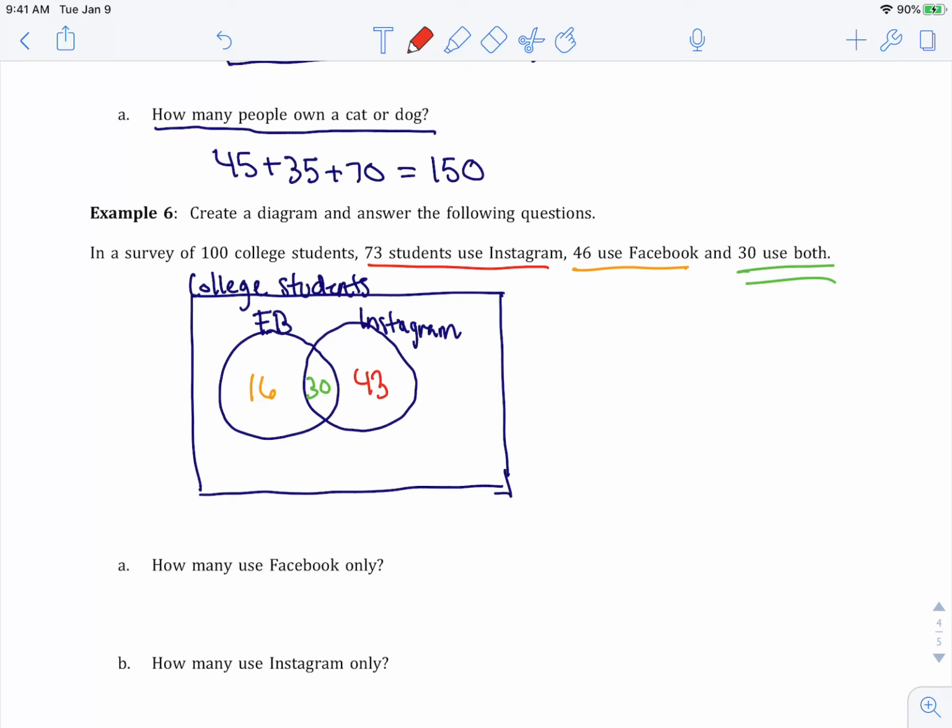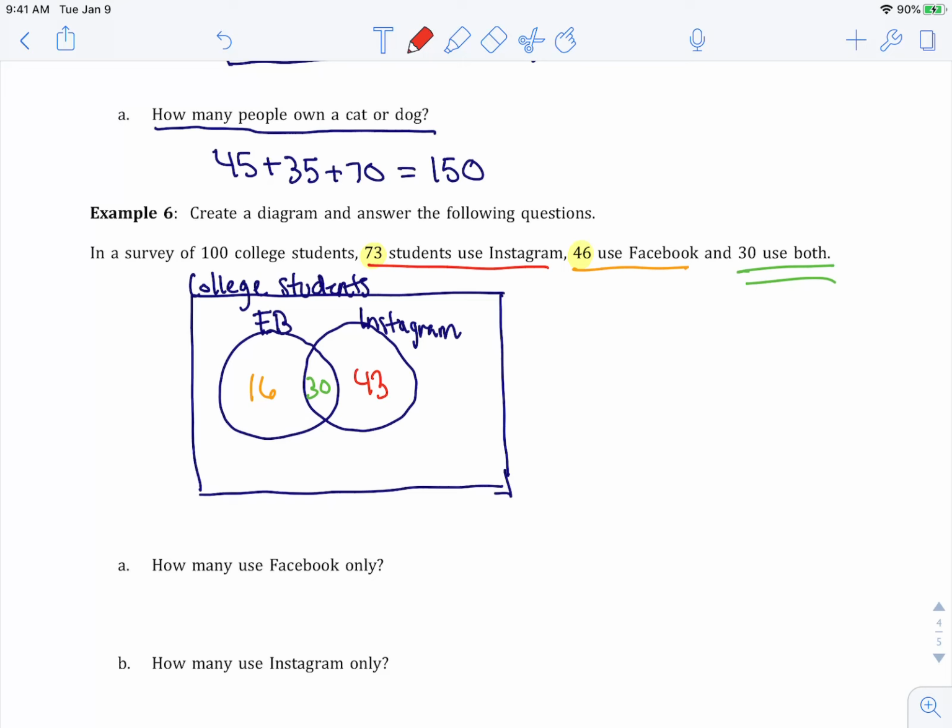So if you were to look just at your Facebook circle, that gives me the 46, so that checks out. If you look at your Instagram circle, that gives me the 73, so that checks out.